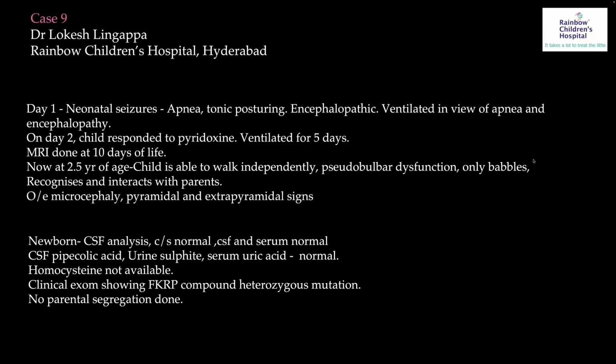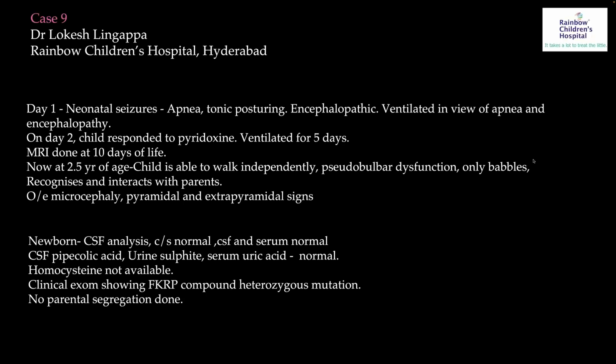In the newborn period, when there was a flurry of seizures on day 1, the child was evaluated for infection and pyridoxine deficiency, which was normal. Homocysteine was also done, but the report was not available. Urine sulfites were normal. Exome sequencing was sent at that point of time.